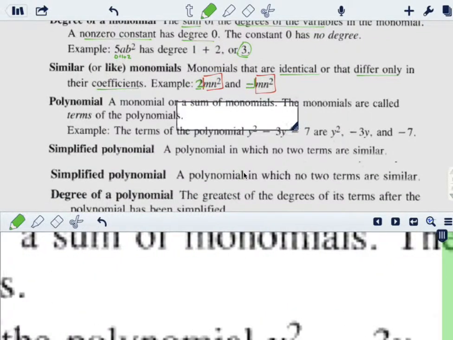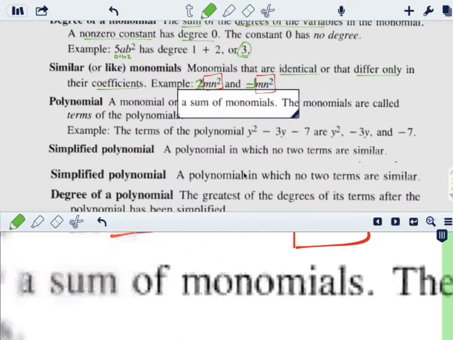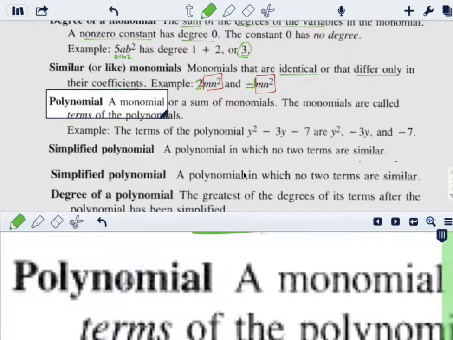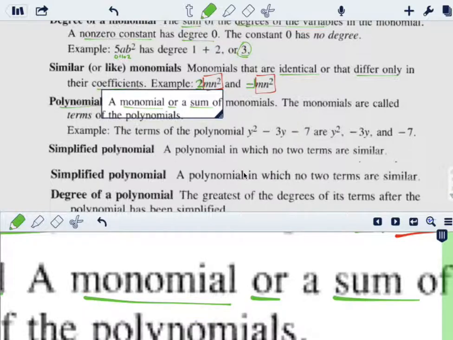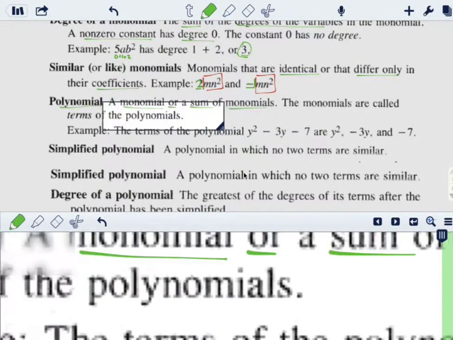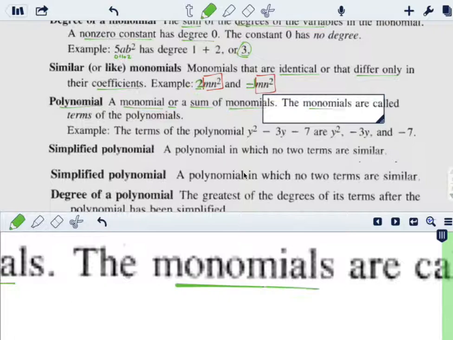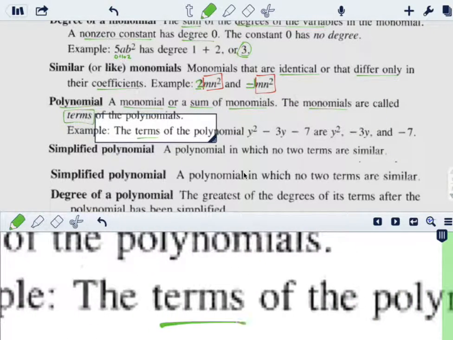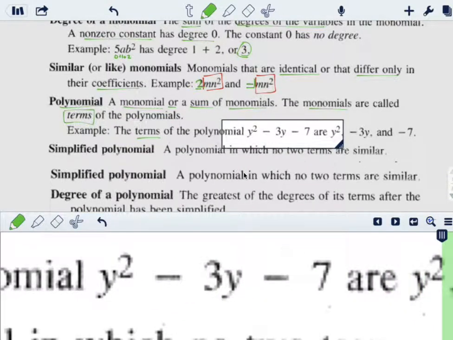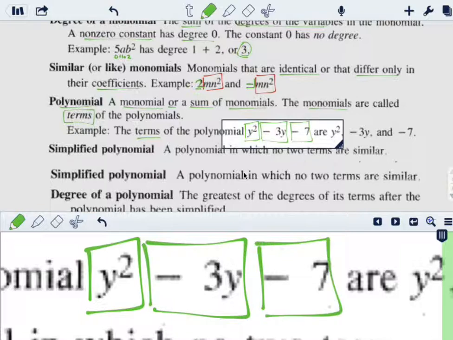A monomial or a sum of monomials is a polynomial. The monomials are called terms. For example, the terms of the polynomial y squared minus 3y minus 7 are y squared, negative 3y, and negative 7.